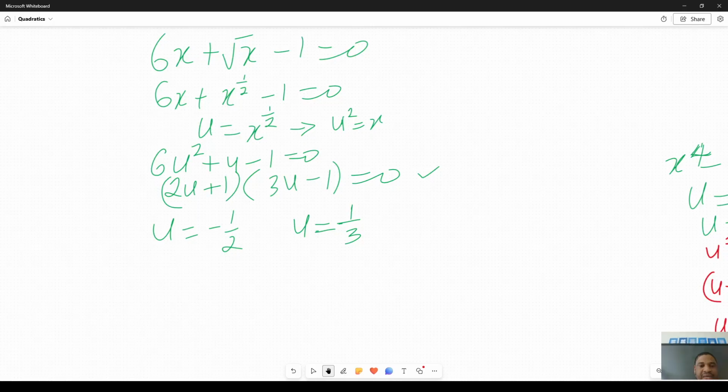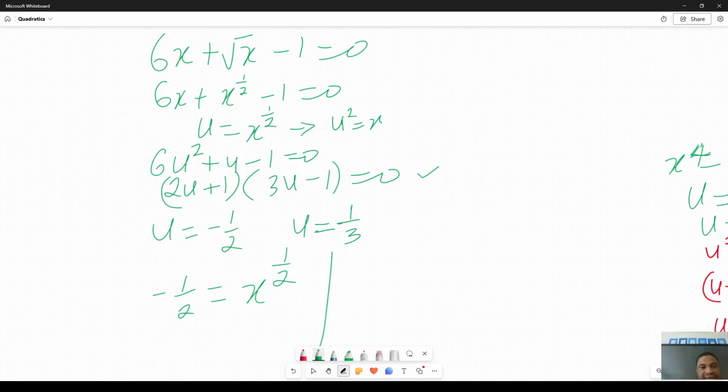Then from here, we can directly find what we want. So we're trying to find x. Minus 1 by 2 is equal to x to the power of 1 by 2, and 1 by 3 is equal to x to the power of 1 by 2.